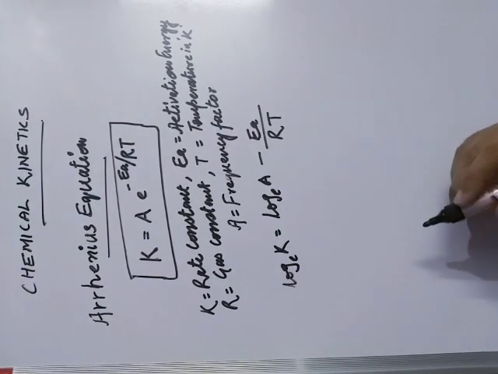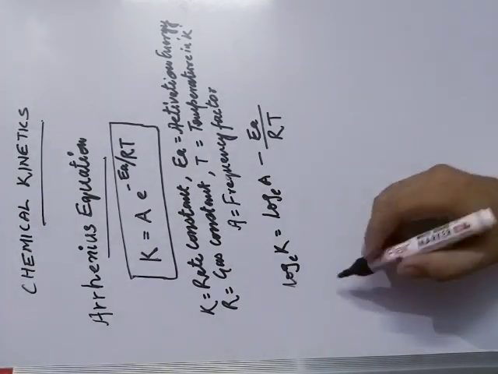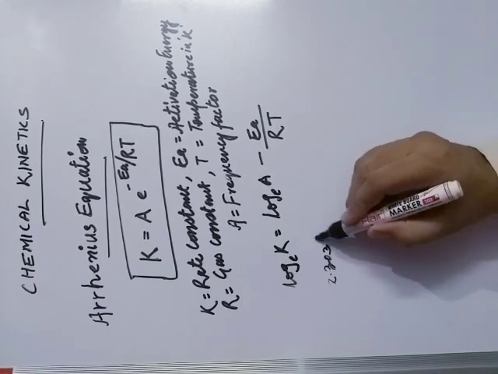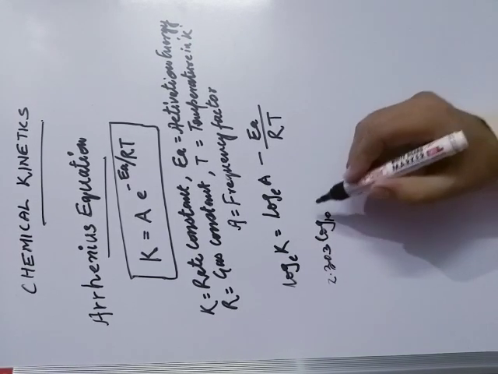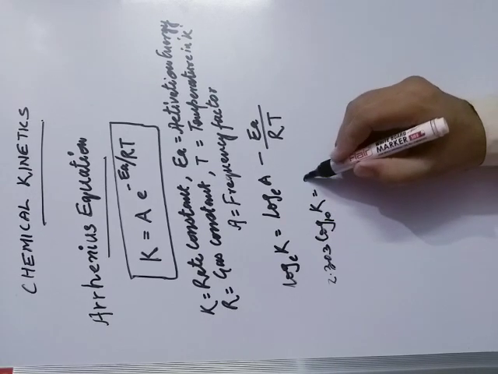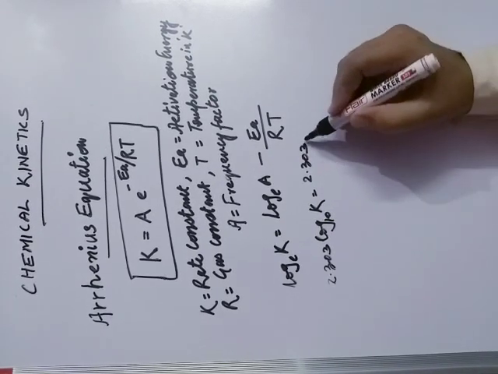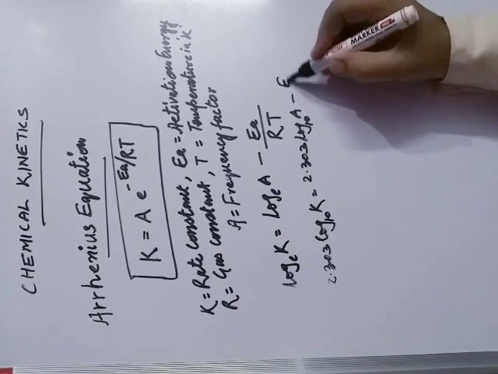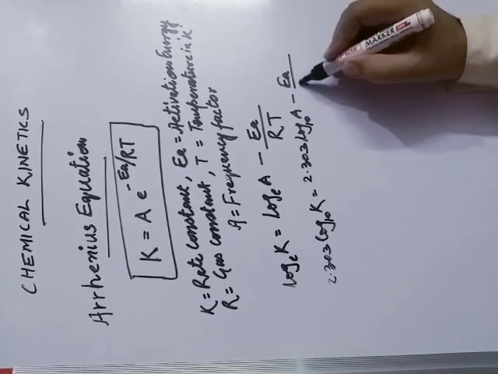Log base e will be converted into 2.303 log base 10. Then 2.303 log base 10 K is equal to 2.303 log base 10 A minus EA upon RT.